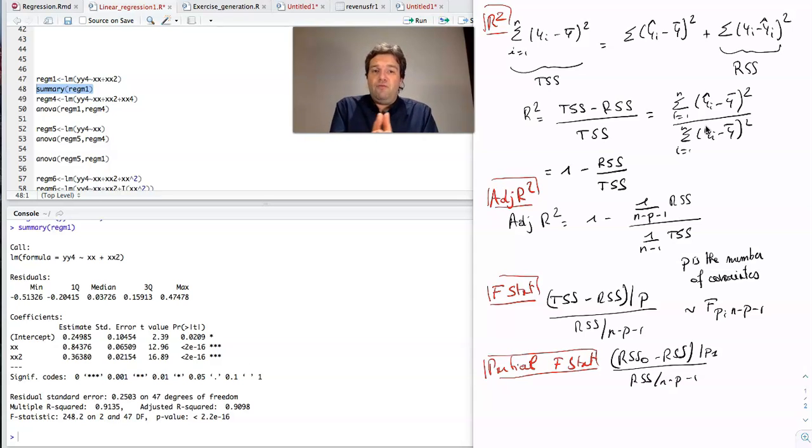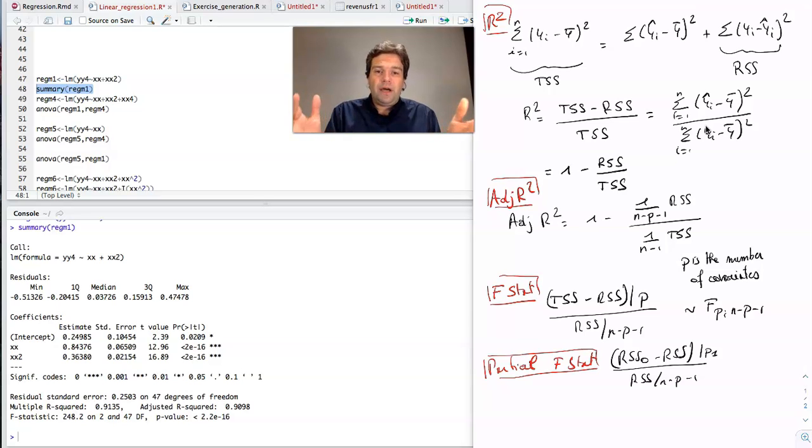That means that if we compare two models with different numbers of covariates, there is a high chance that the R square of the model with the highest number of covariates will be larger.